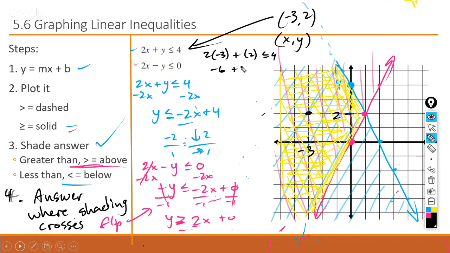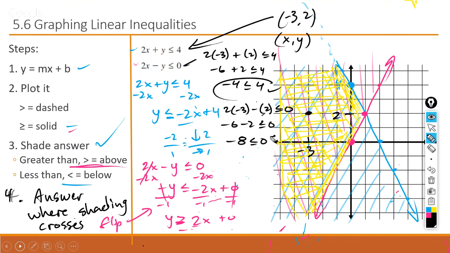So -6 plus 2, that's -4. And -4 is less than 4. That's true. For the other one, 2 times -3 minus 2 less than or equal to 0. So that's -6 minus 2. -8 is less than 0. So that's also true. So any point that we pick that's in the shaded region will make both of these equations true. And that's why the graph is the answer.